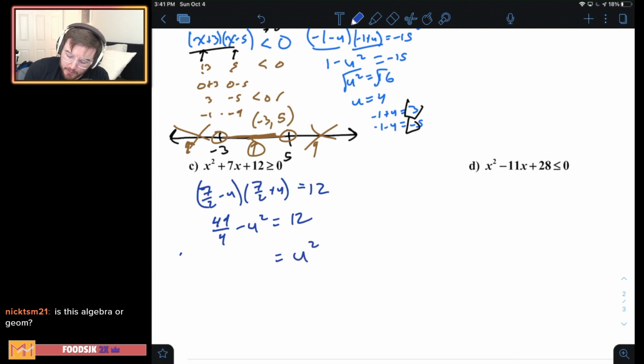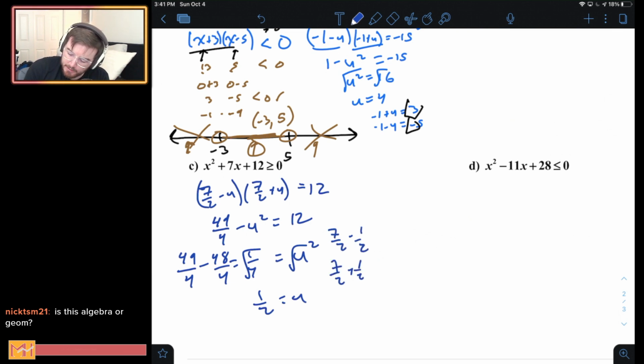Subtract the 12, which is 48/4, which is 1/4. So take the square root, I get 1/2 for u. So 7/2 minus 1/2, 7/2 plus 1/2, I get 4. No, I don't. I get 3.